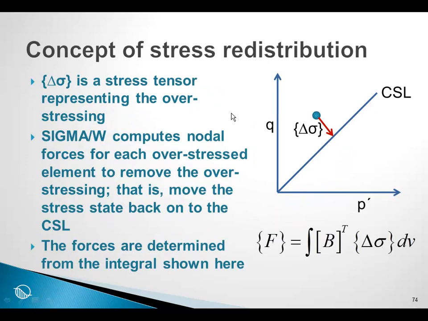And in essence, what we are doing is redistributing the stresses in the domain such that we bring the stress back onto the critical state line. Conceptually, this illustrates a path, although this may not be the actual path, but let's represent this by a delta sigma tensor.